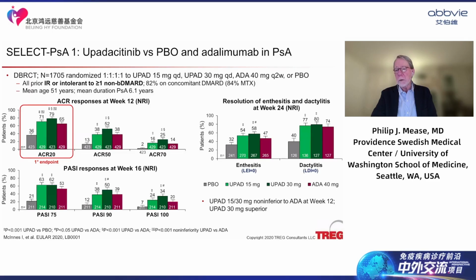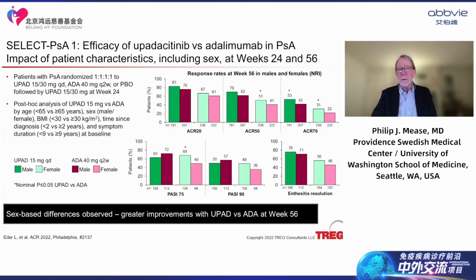And this shows complete resolution in over half of the patients treated with upadacitinib, and dactylitis resolution in over 3/4 of the patients treated with upadacitinib. Based on efficacy and safety data such as shown here, we are just using the 15 milligram dose.